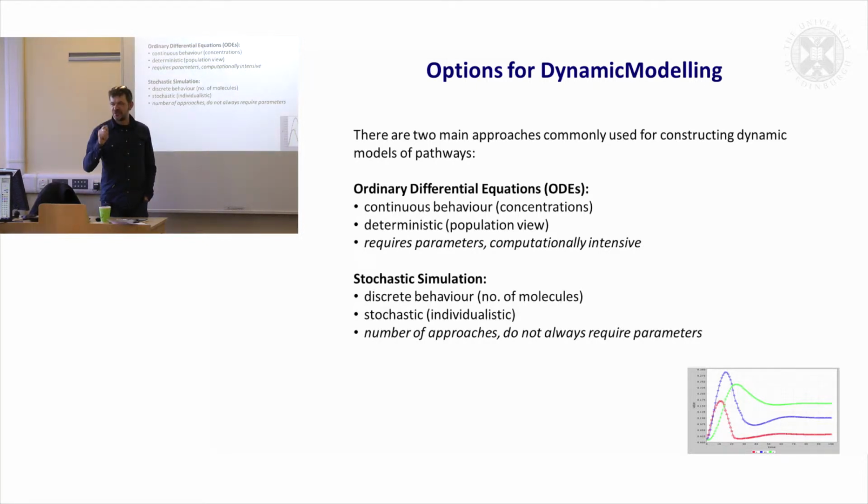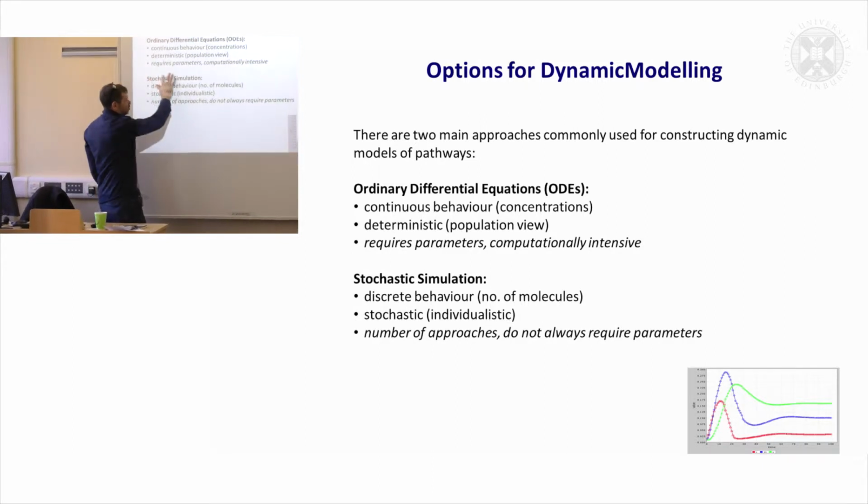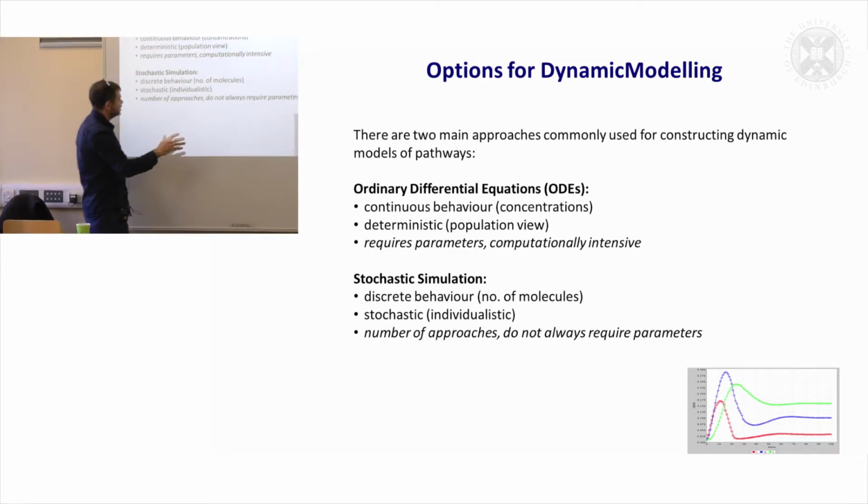Now, we know that in biology, we do the same thing to a bunch of cells, and we don't always get the same answer. Or we look at the cellular level, and each cell is slightly responding differently to a perturbation that we might make. So this idea that everything is a fixed answer isn't quite what we want, and certainly it also requires parameters and is computationally intensive.